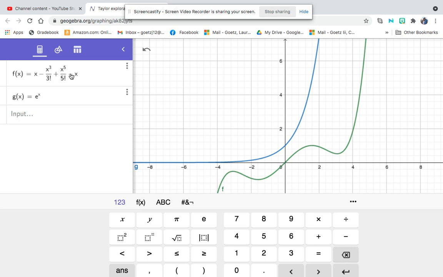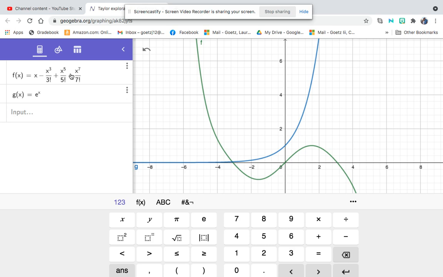Minus, right, because the signs alternate, x to the 7th over 7 factorial. Let's look at what that looks like. Let's do another one. Again, hopefully you're not surprised, at the ends anyway.